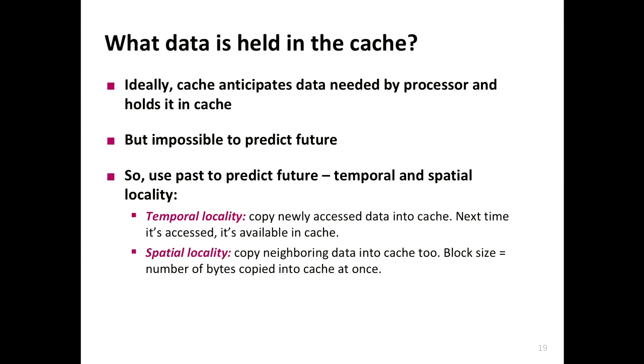So what data is held in the cache? Let's try to answer this first question now. The cache is analogous to your work table, and as I mentioned before, it's simply hard to predict the future. You can only leverage some kind of prediction, and it's really hard to predict correctly. Which basically means that you can only use what happened in the past to say that potentially you're going to use that, exactly how the book and the project example worked.